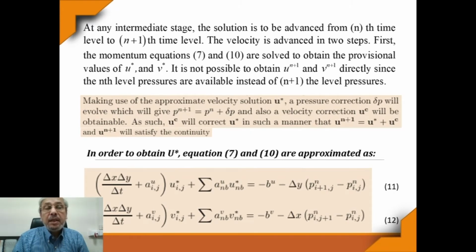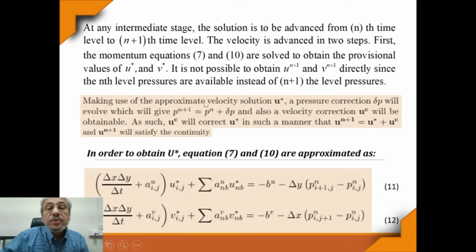They will advance towards a level which is n plus 1, but since correct pressure is not there at the level n plus 1, and we are just advancing them with the help of this equation, we are unable at this stage to satisfy continuity also. So these advancements of velocities are provisional advancement.